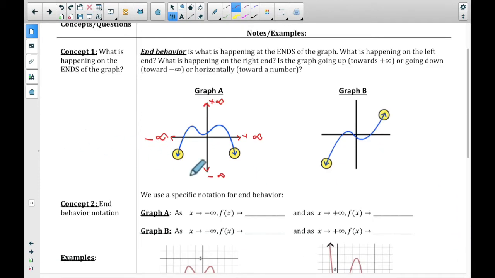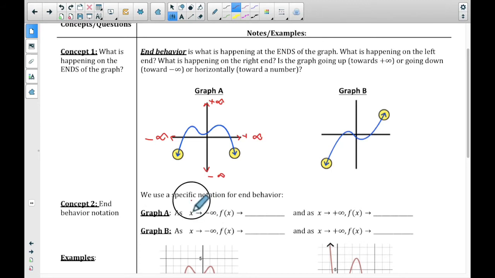And so when we talk about this, we are using a specific notation for end behavior. And so this is our sentence, like our end behavior sentences. I'm going to have to tell you what these sentences mean and kind of read it for you because it's symbols that are new to you probably. This says, as x approaches negative infinity.